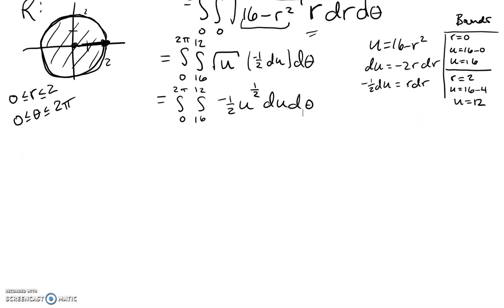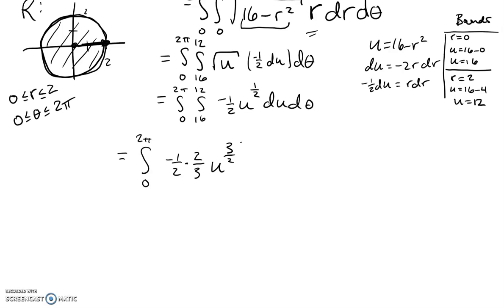So taking a look at this integral with respect to u, we have the integral from 0 to 2 pi. Power rule says bring that power up by 1, so it's going to go up to 3/2. So we'll take that negative 1/2 and divide it by 3/2, which is multiplying it by 2/3.